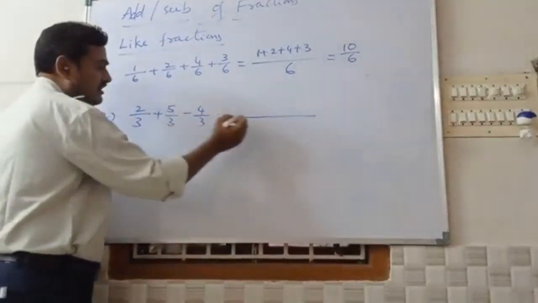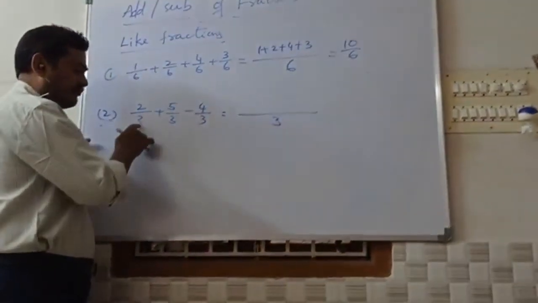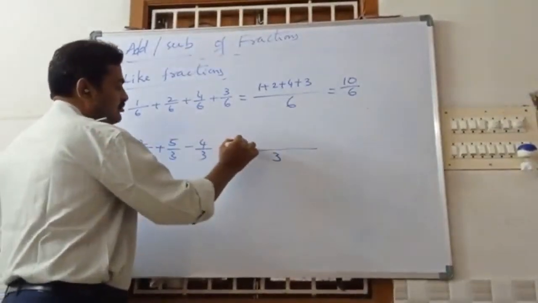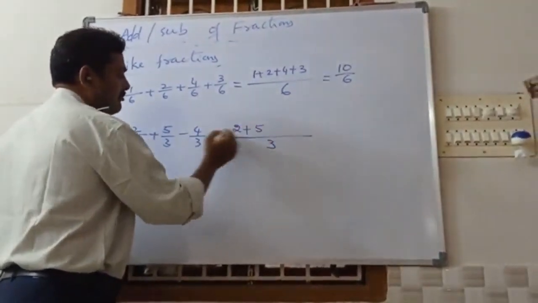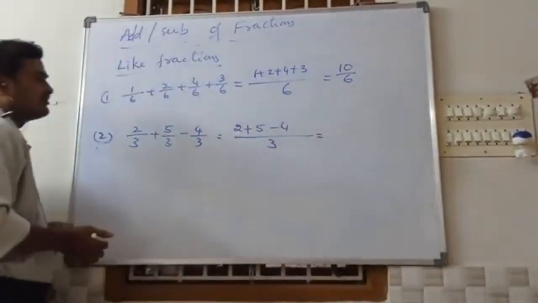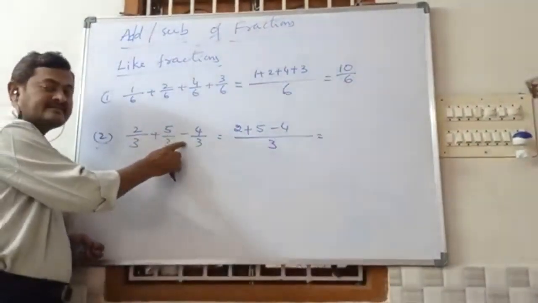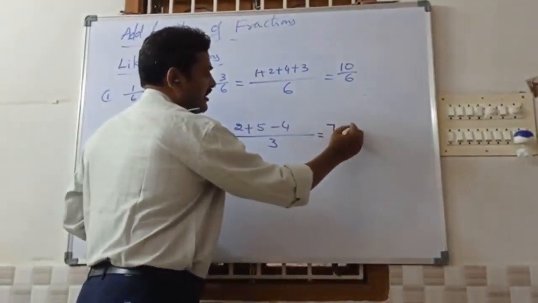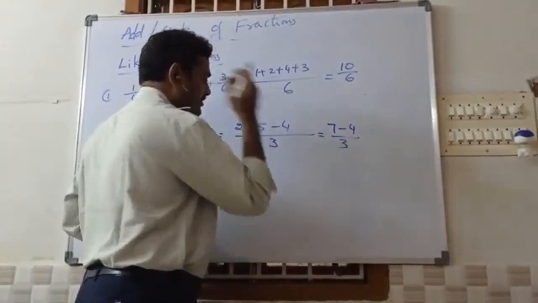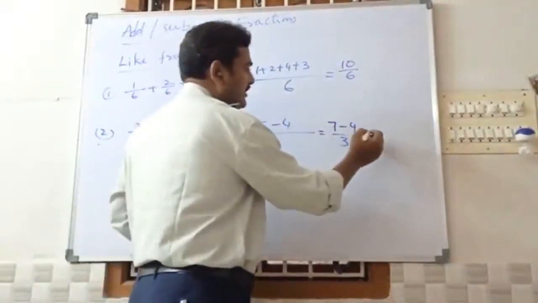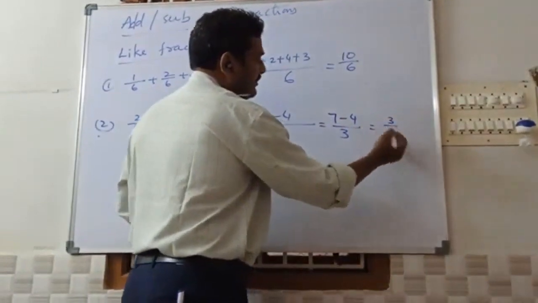Now we write 3 as the common denominator, and here 2 plus 5 minus 4. There are two operations, addition and subtraction. 2 plus 5 is 7, minus 4 by 3, that equals 3 by 3.